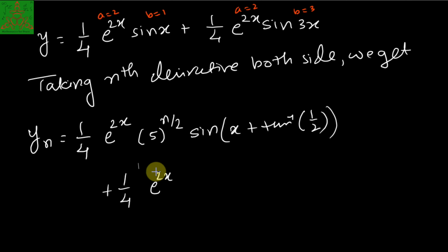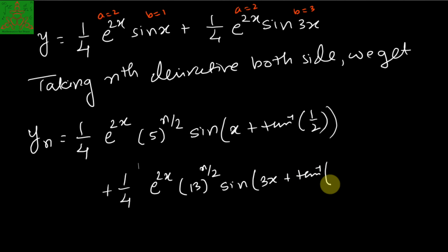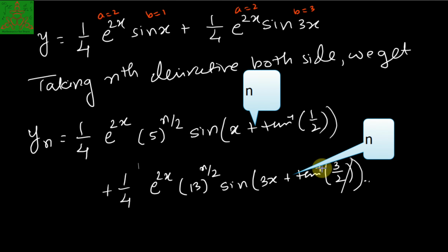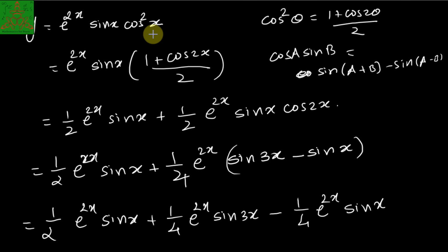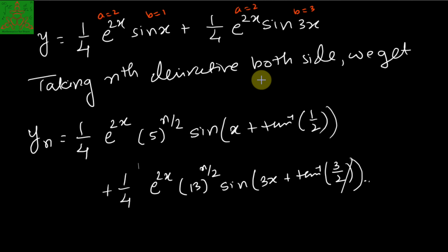So you will have 13 raised to n by 2 sin 3x plus tan inverse of a is 2, b is 3, so it is 3 by 2, is the final answer for the nth derivative of the given function, which we have here, e power 2x sin x cos square x.